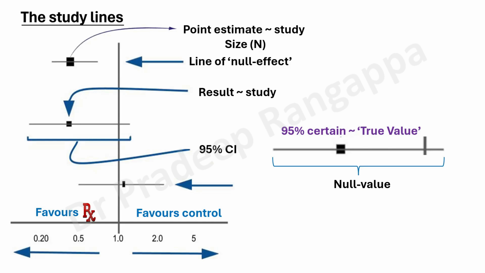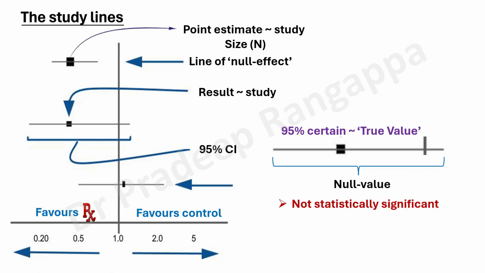One thing that is important when you are interpreting the forest plot: if the 95% confidence interval line is crossing the line of null effect, it means that your null value is possibly reflecting the true value and it is not statistically significant.